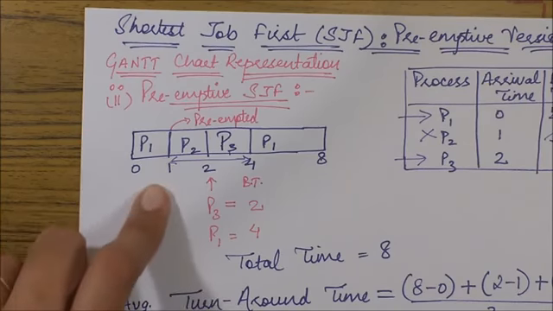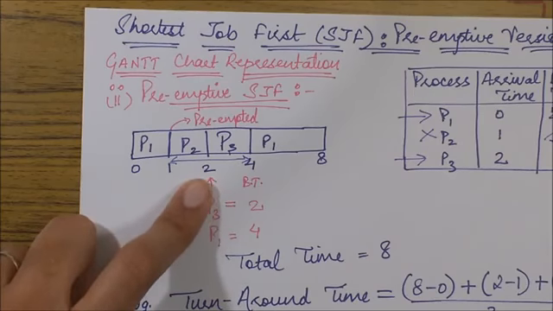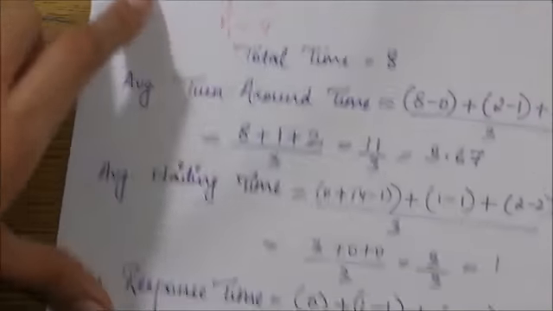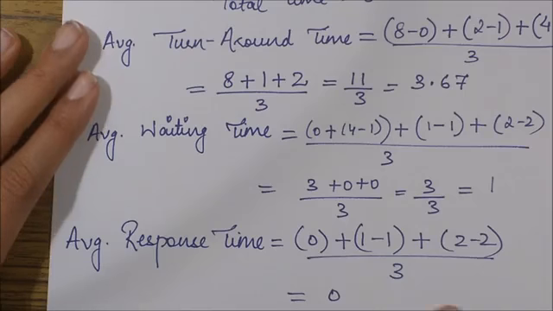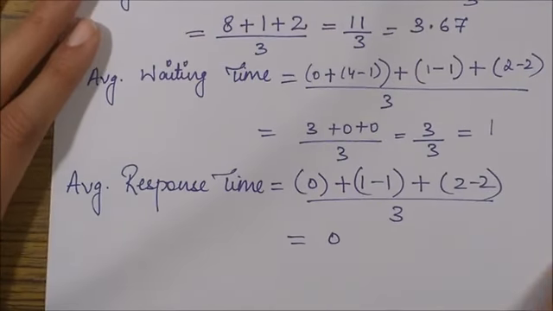For P2, the first time at which we got the response was 1 minus the arrival time 1, so the response time is 0. Similarly for P3, it is 2 minus its arrival time 2, which is also 0. So the average response time is 0 plus 0 plus 0 divided by 3, which comes out to be 0, a very good measure in this case.